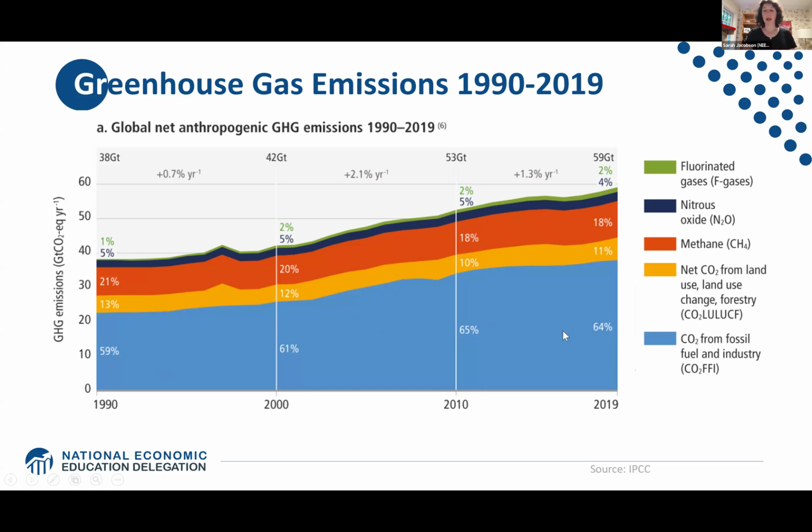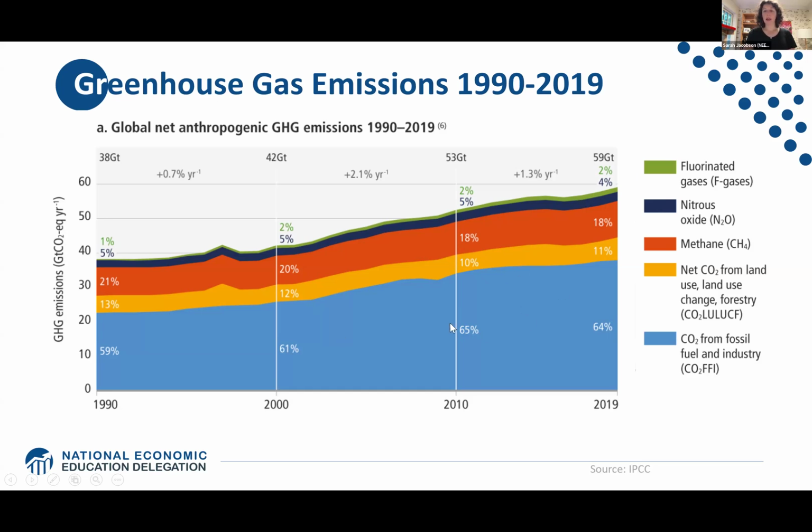So you can see that carbon dioxide is the largest one, and carbon dioxide from fossil fuel is this big blue blob on the bottom. And you can see that that is large and growing. There's also carbon dioxide from other activities like land use. This orange bar here is methane, and then nitrous oxide and fluorinated gases are up at the top.